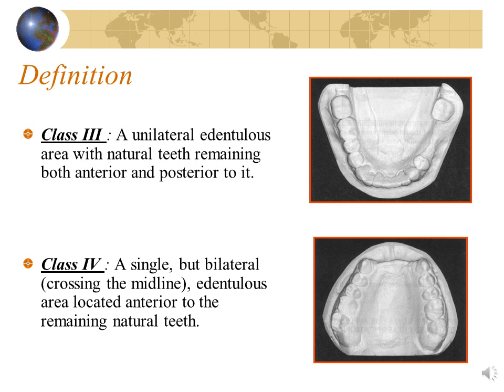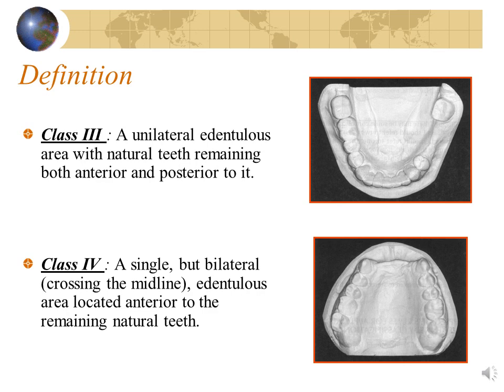So, Kennedy's class 1 is characterized by bilateral edentulous areas located posterior to the remaining natural teeth. Class 2 displays a unilateral edentulous area located posterior to the remaining natural teeth.